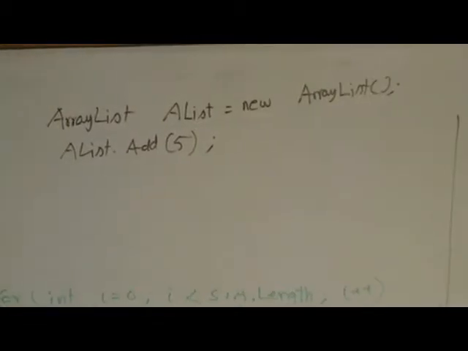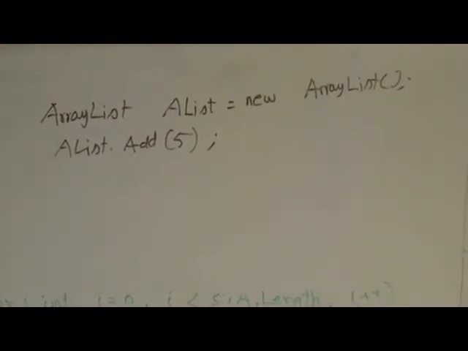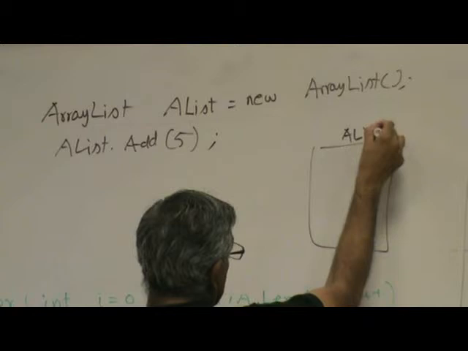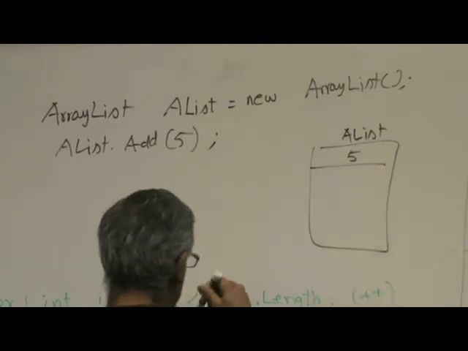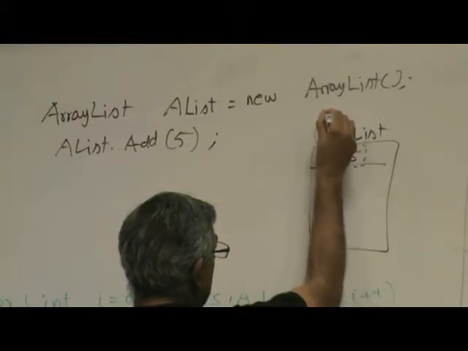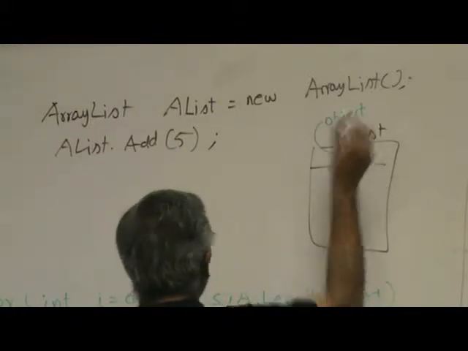What will happen to 5 as it goes into the array list? It will be converted to an object, right? So if this is the array list, 5 will be wrapped around as an object.